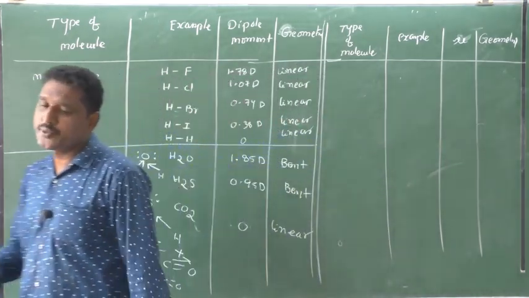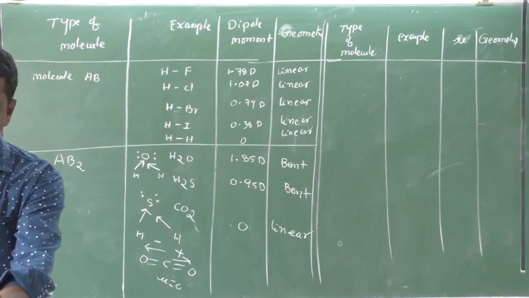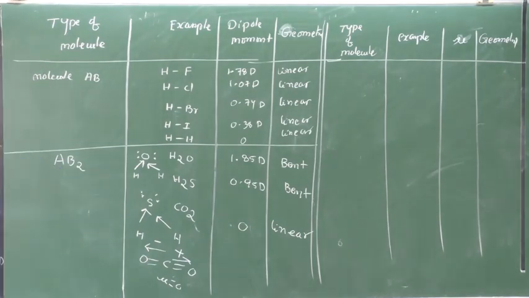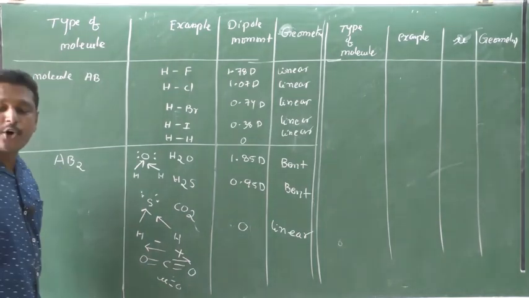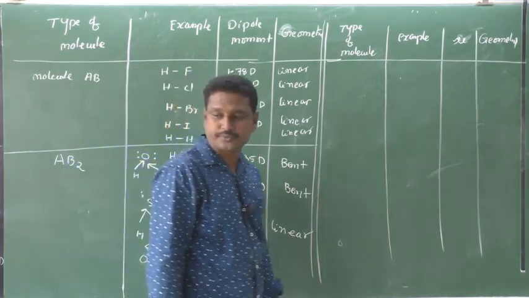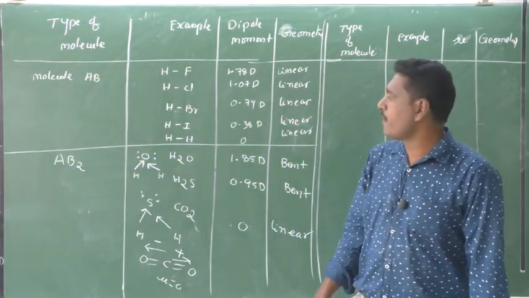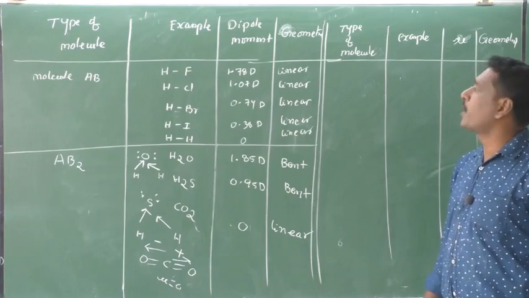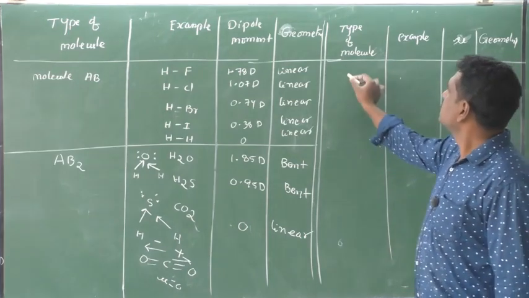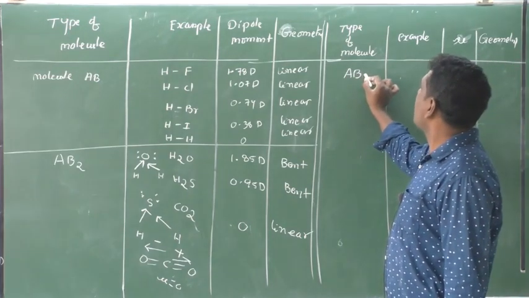Like that, we will calculate for AB3 type and also AB4 type molecules. First, AB3 type molecules.